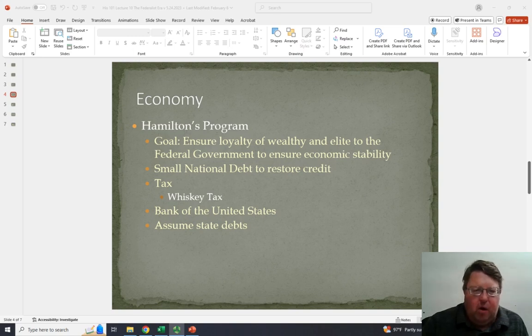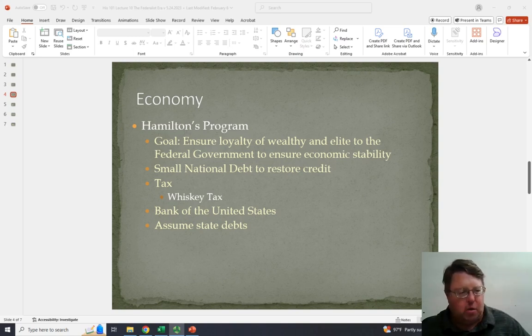Hamilton's program involved, these are the highlights. They involved a small national debt to restore credit. We got to maintain our creditworthiness. No one trusts the U.S. government with money. And so Hamilton says we need to have a small national debt to restore credit, to show people we can be trusted with money.